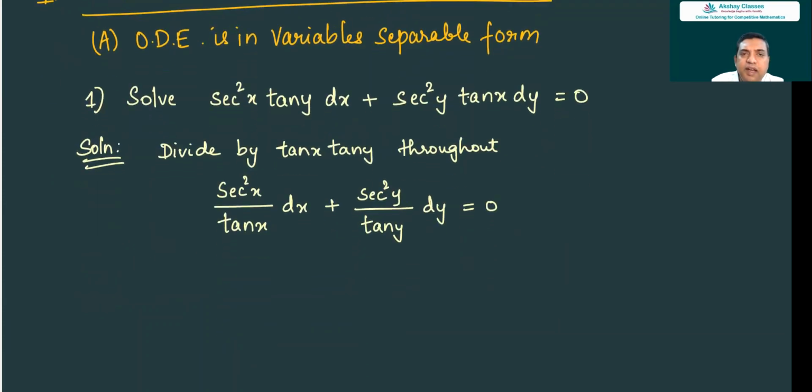So now what we have done, this is a variable separable form. This term is purely in terms of x. This is the independent variable and this is the dependent variable. So this is the variable separable form.